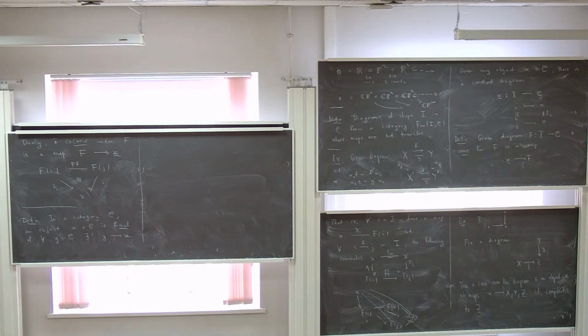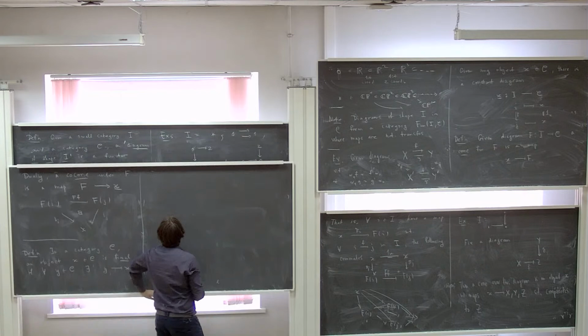So for instance, in the category of sets, I could take the one-point set, everything uniquely maps to the one-point set, just the constant map. Similarly in topological spaces.